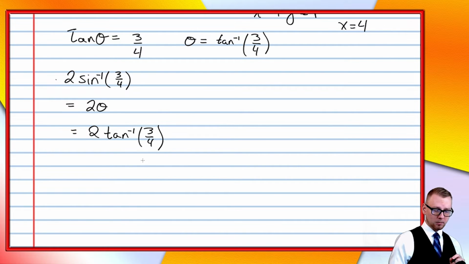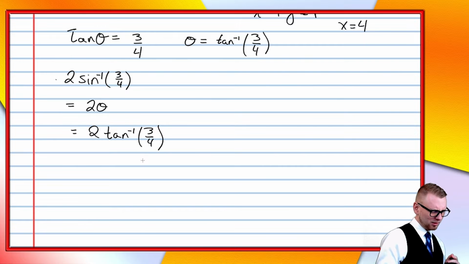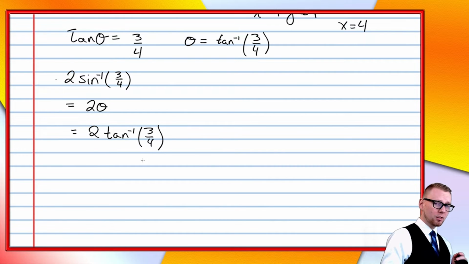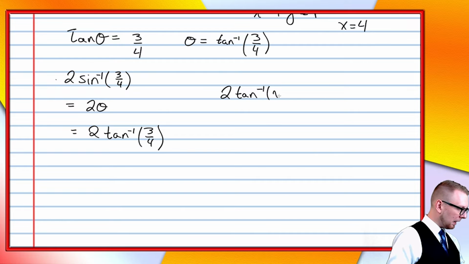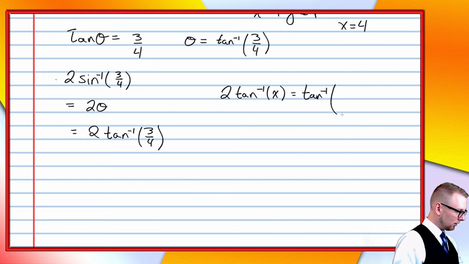Okay, that's not quite what we wanted yet. We can use an identity, though, that 2 tan inverse of a value x is equal to tan inverse of 2x over 1 minus x squared.